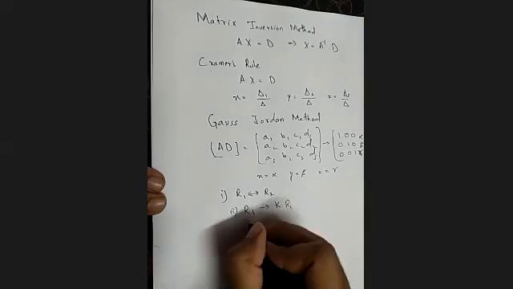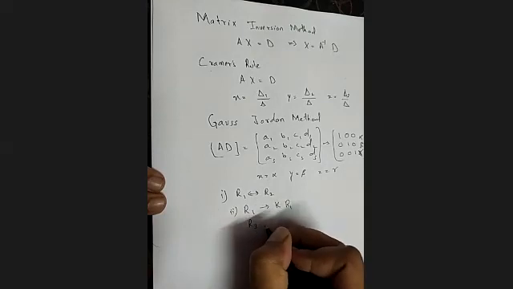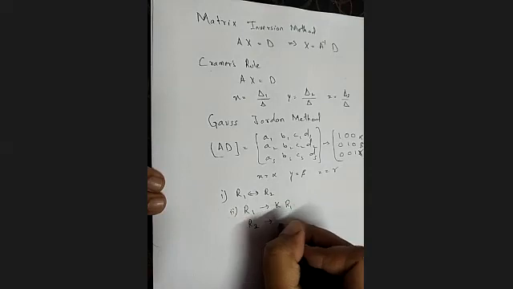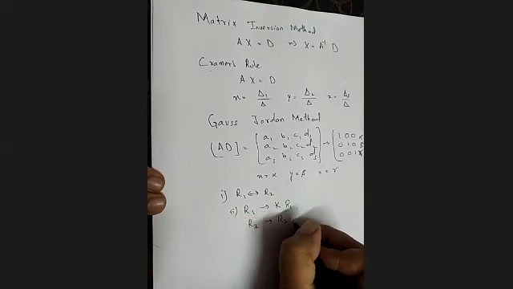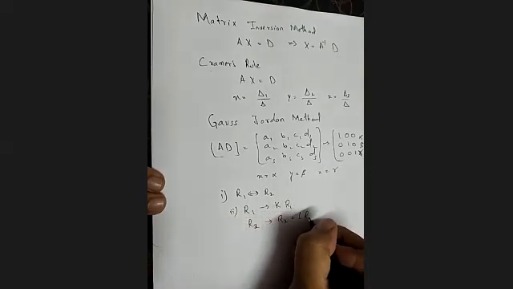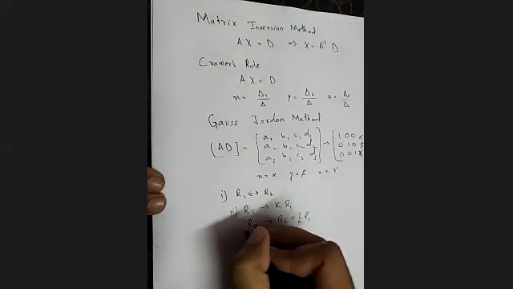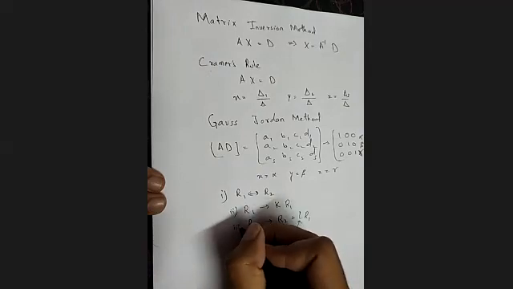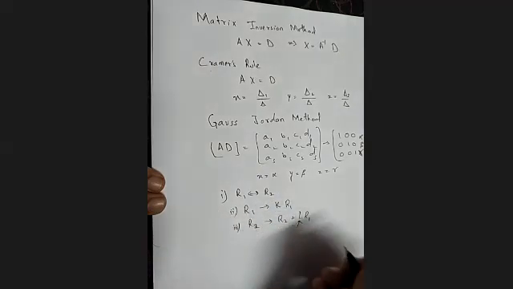Okay. Next, the third operation we can perform is R2 is equal to R2 plus L R1. Here L is a constant. Okay. We can use any number instead of L. These are the three row operations.